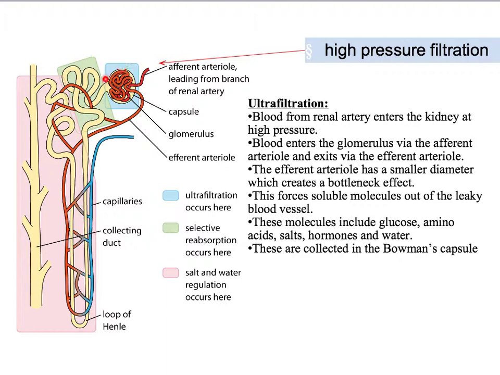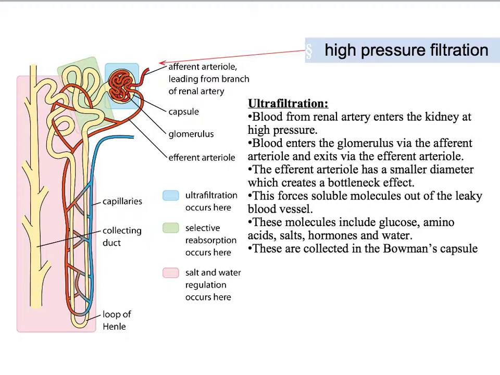Now this is a section of blood vessel that is quite leaky. So when the high pressure blood flows through, any small soluble molecules, due to the high pressure, will leave the blood vessel and enter this yellow region around the glomerulus called the Bowman's capsule.